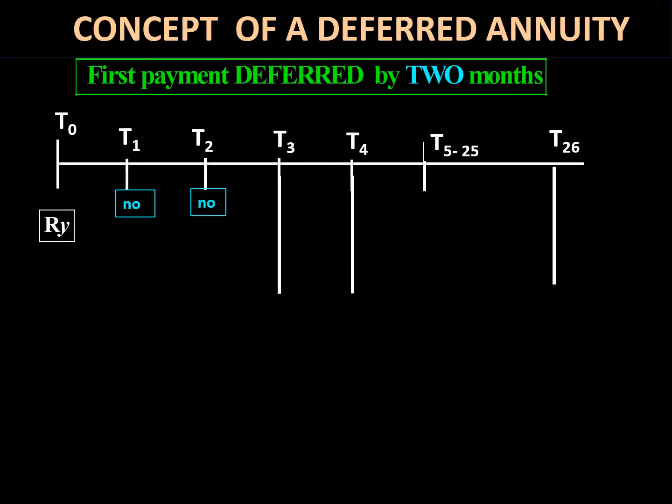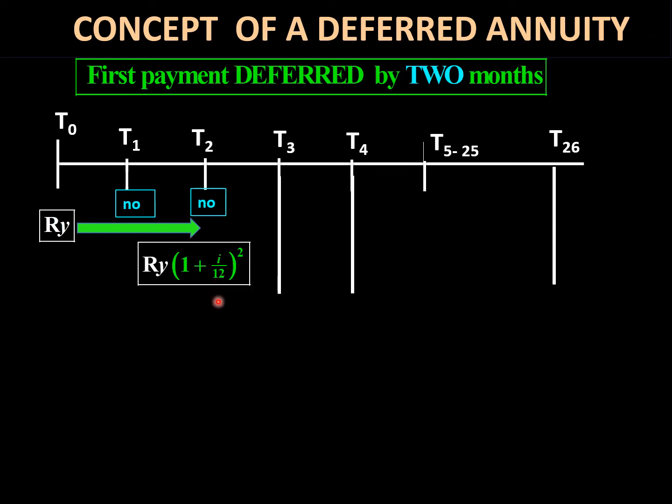Let's look at this example in a little bit more detail. You see there we have a timeline. I'll just put the timeline down here. So there's no payment after the end of the first, no payment after the end of the second, but while no payments are being made, this loan amount, the original amount there, grows. It grows compoundedly, right? So in other words, there's some growth taking place.